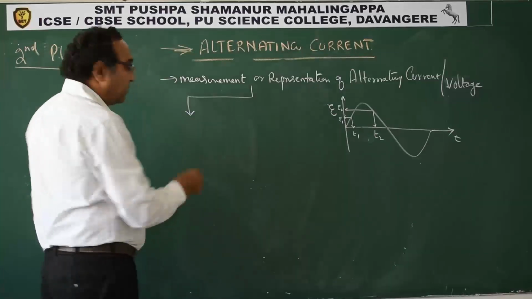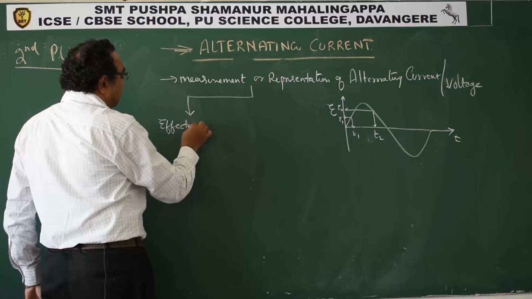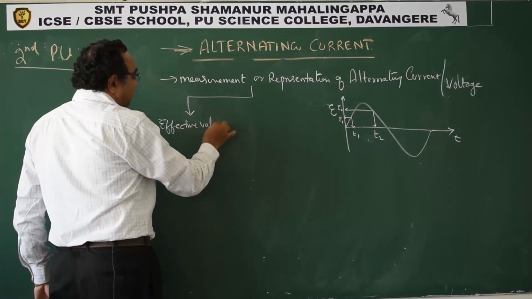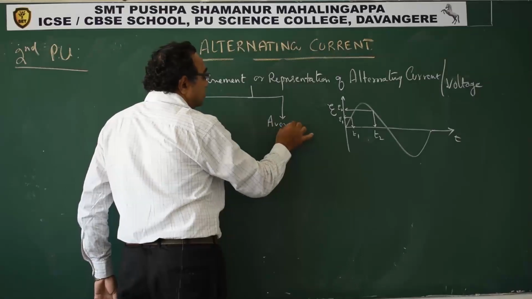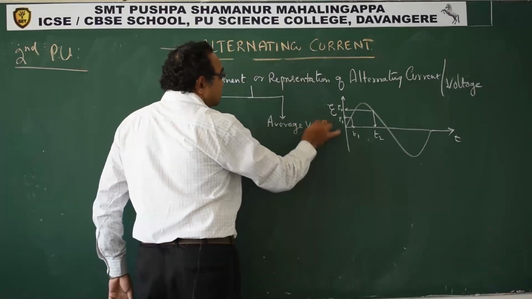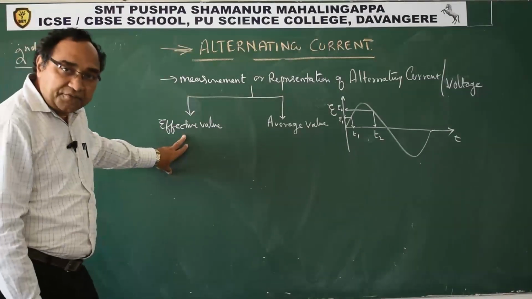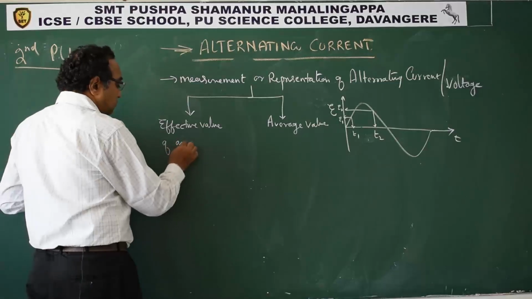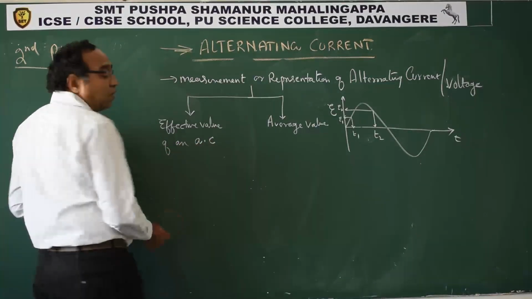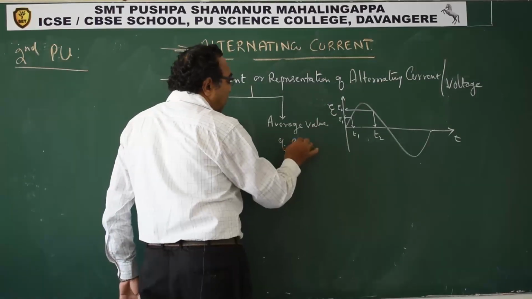One is known as effective value. The other is known as average value. Effective value of an AC, or another way, average value of an AC.